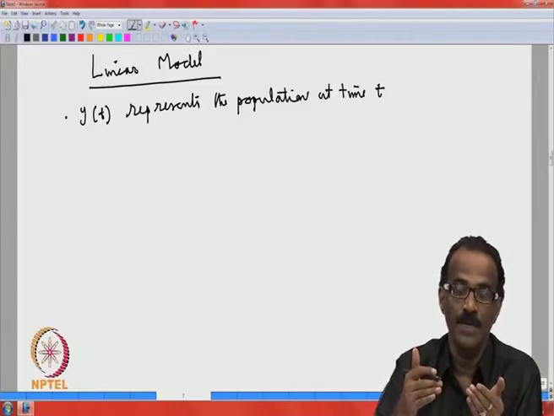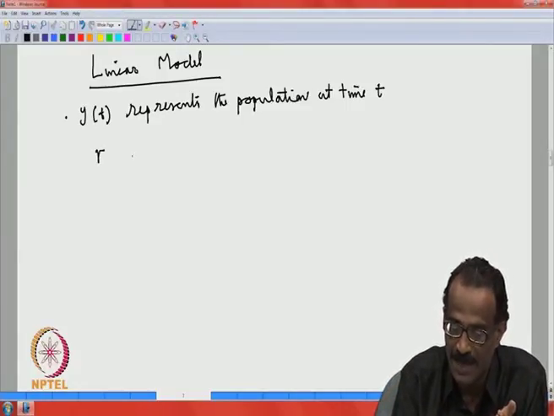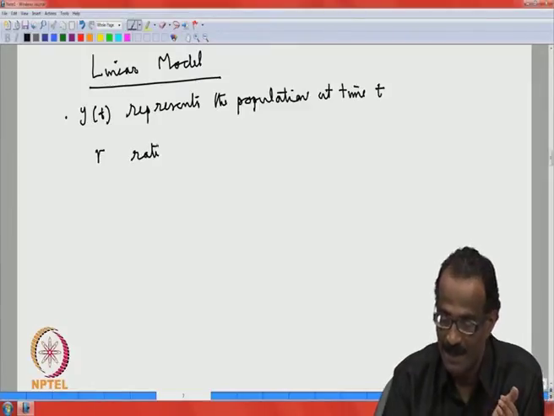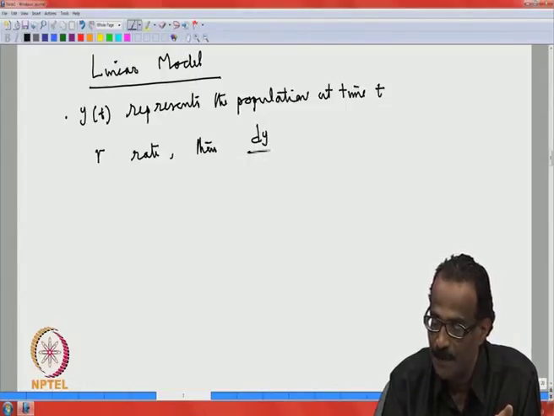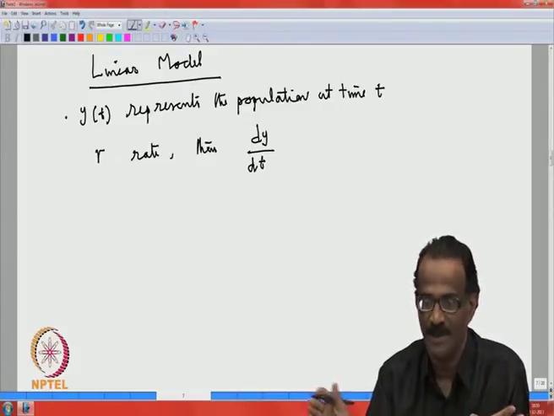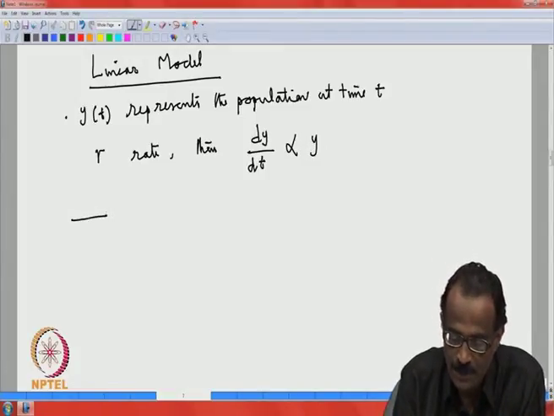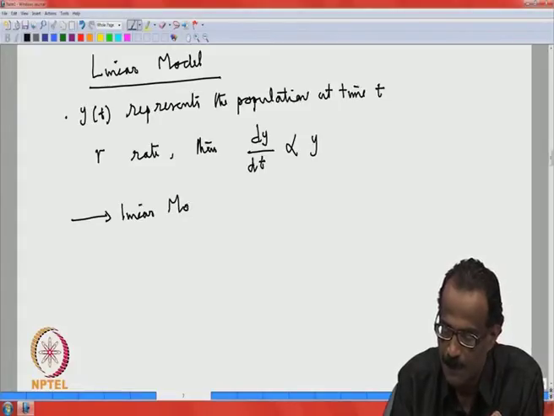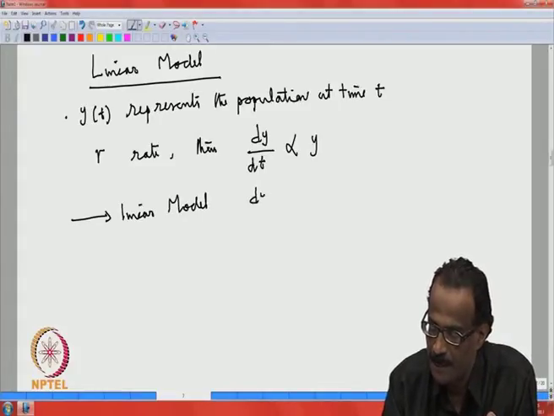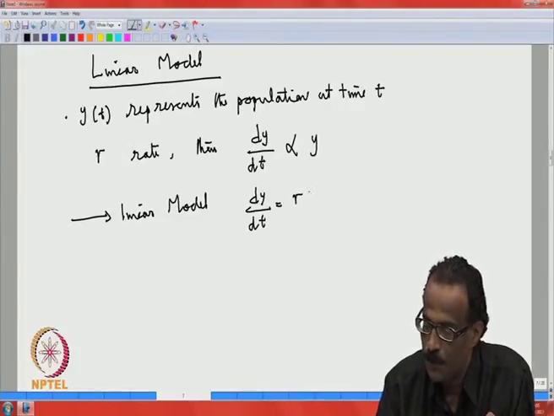How much it will grow is what is called the population rate. Then a simpler model will be dy/dt, the rate of change of population with this phenomenon, with no other things, will be proportional to y itself. That is the easiest model, and that gives you your linear model: dy/dt = r y.